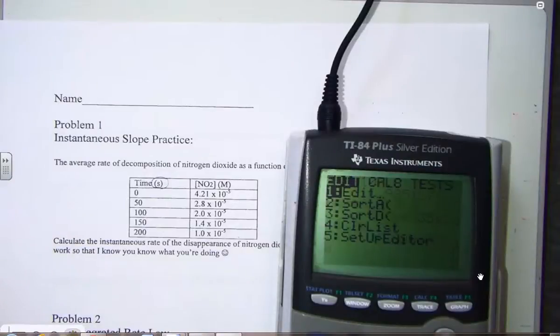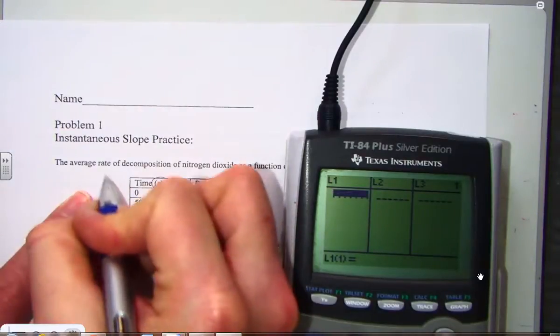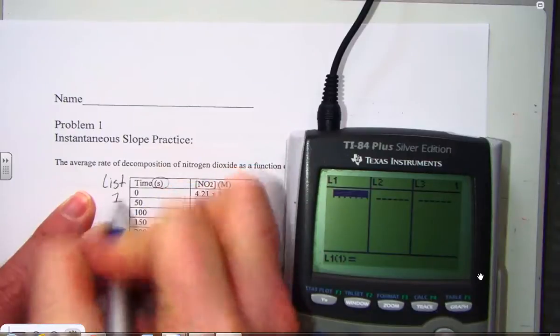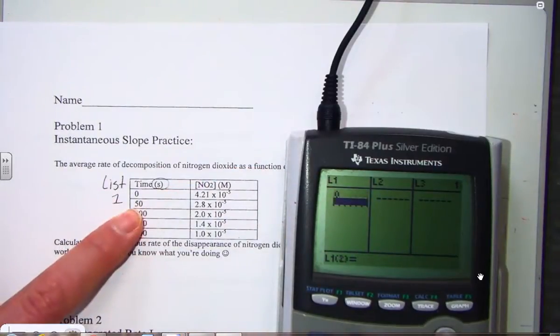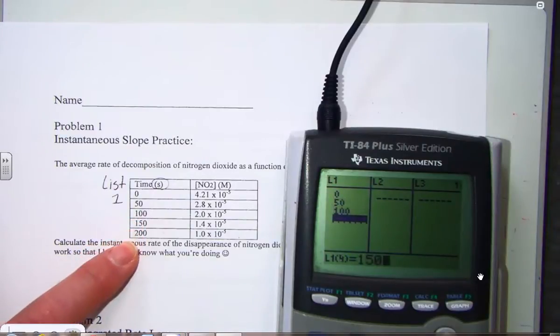what I'll need to do is to enter some lists. And so with me, you're going to clear out anything that happens to be there. And into list 1, I want you to record the times. So just type those in: 0, 50, 100, 150, and 200.